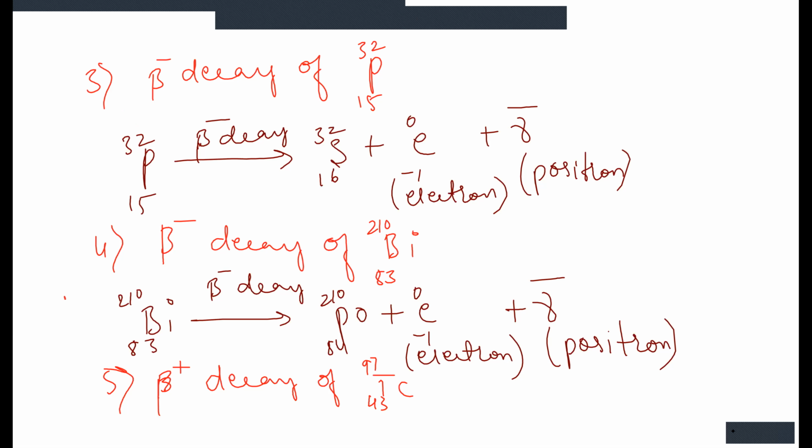Sorry, this is the sixth one in the question: beta decay of technetium is the sixth one. How are we going to write it? When technetium undergoes beta positive decay, it is going to produce molybdenum 97.